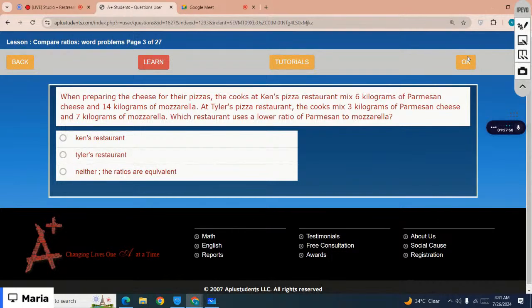That is 6 to 14 and 3 to 7. So, which is the correct option? Neither. They both are exactly equivalent.